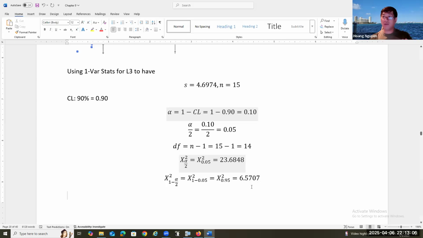Okay, now everything's ready. Now we're gonna plug into the formula to get the lower bound and the upper bound. We know the sample size n is 15, we know the sample standard deviation is 4.6974, and we know the two critical values already. So now we are ready for the lower bound.